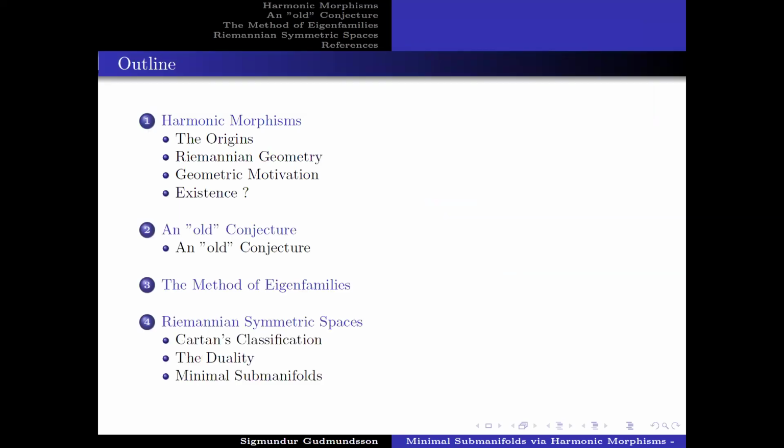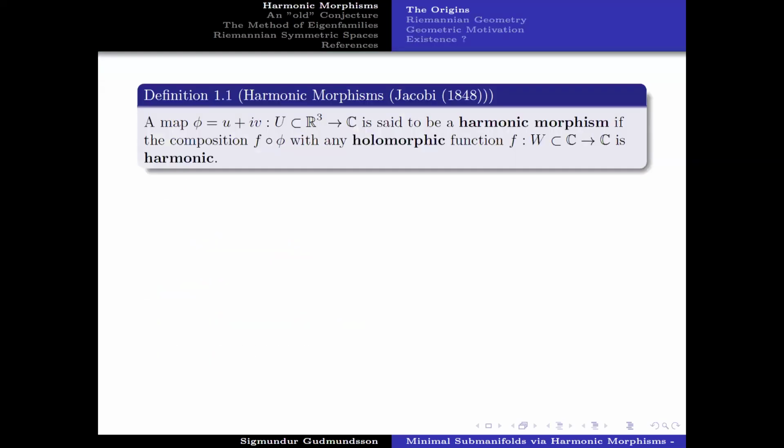So this is my outline. I will try to keep this non-technical, just give you an overview of what is going on. So this is the setup. I'll start with something really, really simple. So Jacobi, we all know him. In 1848, he had the following idea. At that time, holomorphic functions on C were pretty well known, not so much studied, but harmonic functions on R3 were less known.